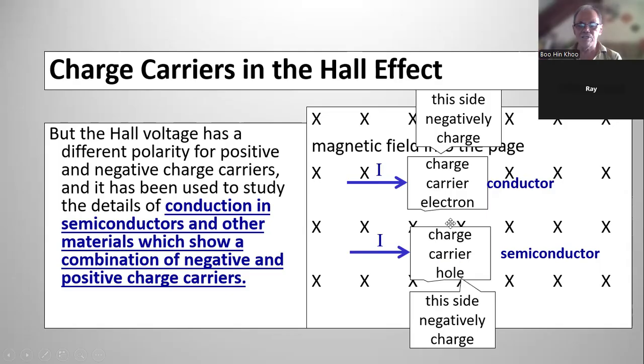So the top side will be positive now because the force is acting on the positive charge of the hole. The bottom is negatively charged. So we can use the Hall effect to study what the charge carrier is in a conductor or semiconductor.